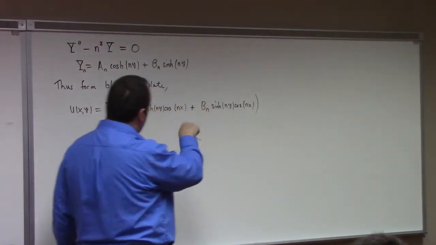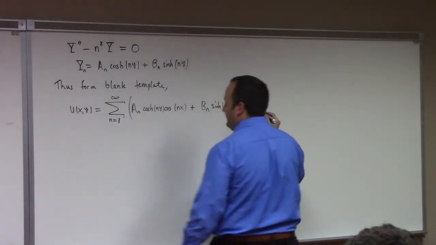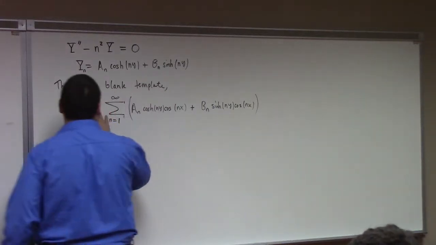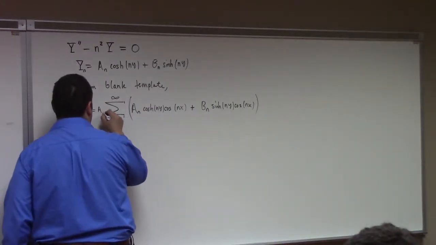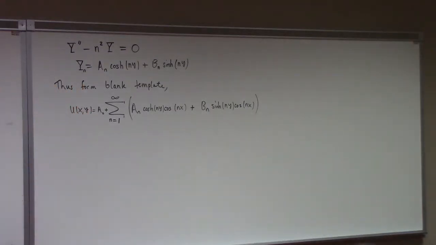Now, when you put n equals 0, what do you just get? I'll put it over here. You can put it on either side you want. But anyway, there's plus the a sub naught term. Now we can fit.